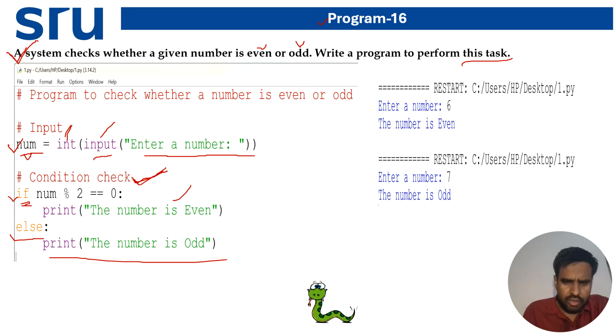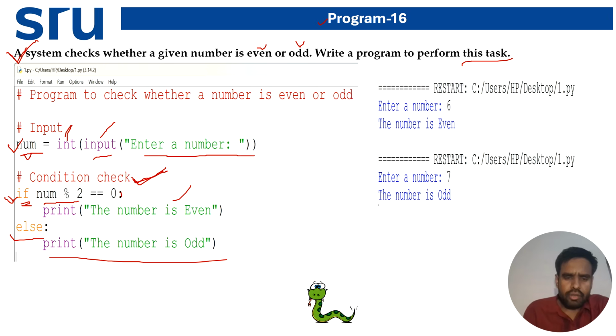So what is the syntax? First we take if, after that we take the condition, and after that we give a colon to end the condition. Don't forget this symbol, it is very necessary. After that comes else, and this colon is used to terminate the condition.